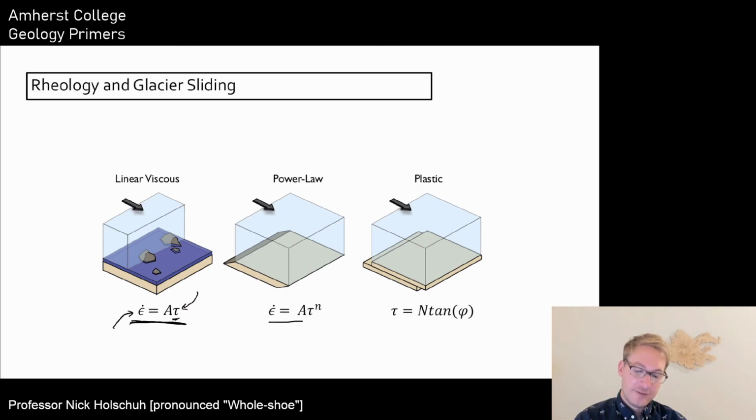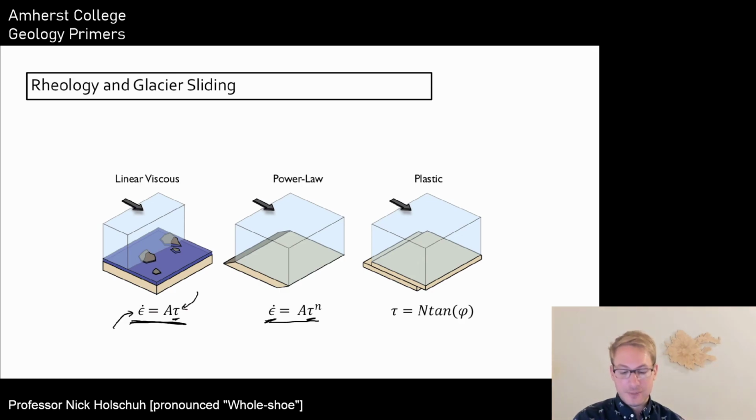We also have some systems where the strain rate is proportional to the stress to some power. These power law fluids, sometimes called non-Newtonian fluids, behave in some interesting, unique ways. Ice is a non-Newtonian fluid. It deforms according to this strain rate equals a tau to the third.